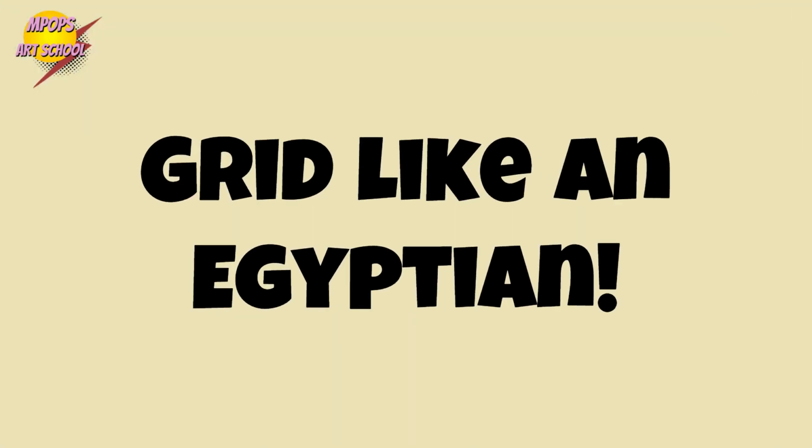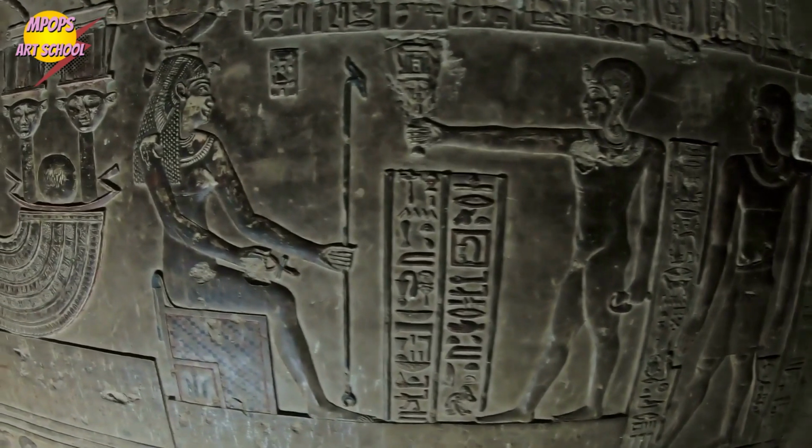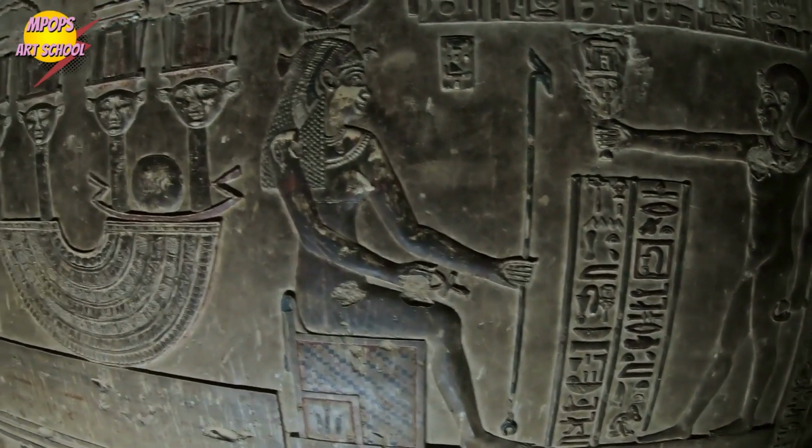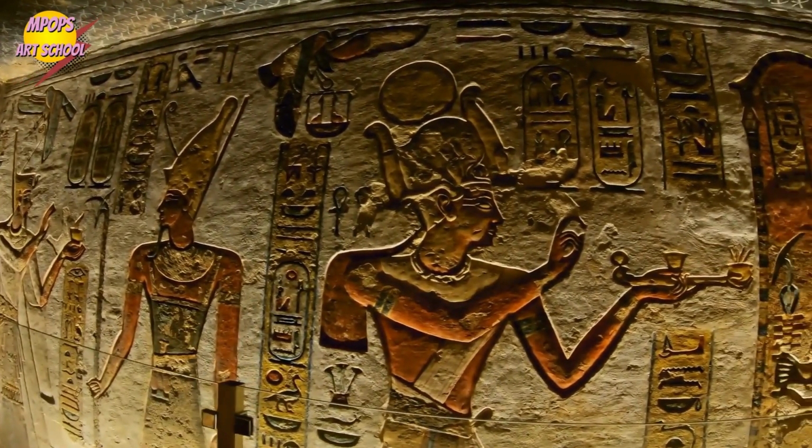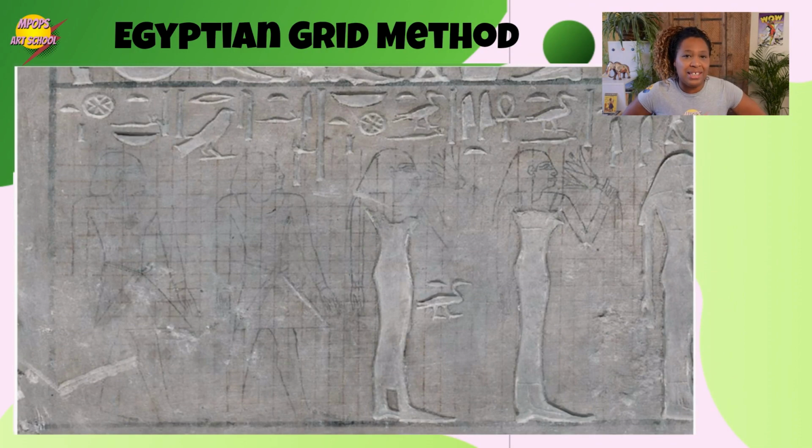Now, throughout the centuries, many artists have used this technique to achieve precision and accuracy in their drawings and paintings. In fact, grid techniques have a fascinating history that dates all the way back to ancient Egypt. Picture this. The ancient Egyptians wanted their art to be perfectly proportioned and balanced, so they ingeniously divided their canvas into squares or rectangles using grid lines.